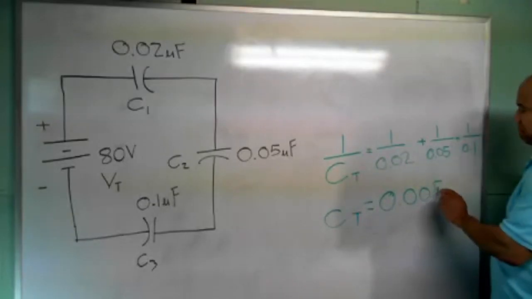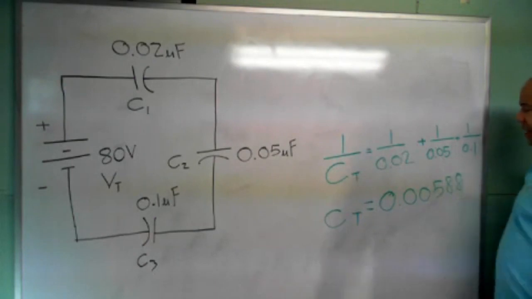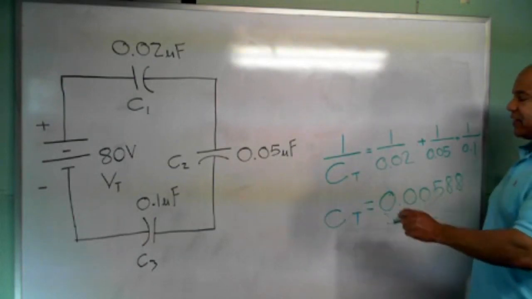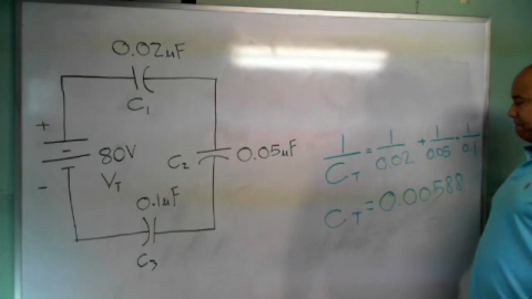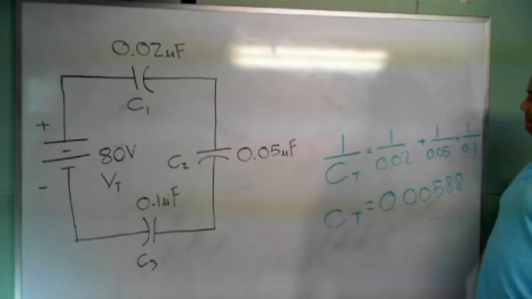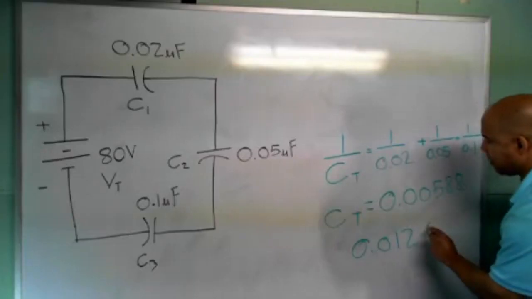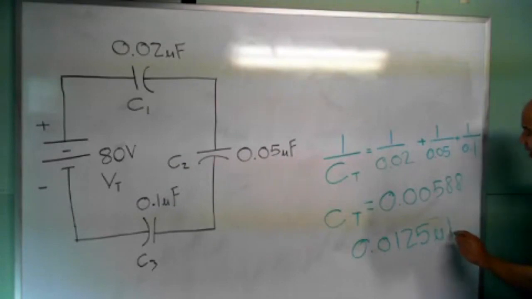0.00588. Now, I don't remember that being an answer. Is that 1/C or is that CT? That's CT. Yeah, try it again. I got 0.0125. And I think that's the answer.